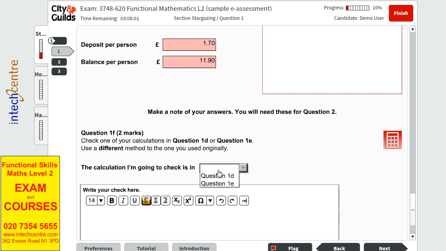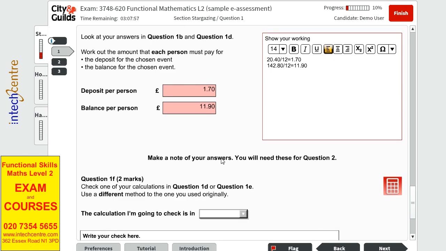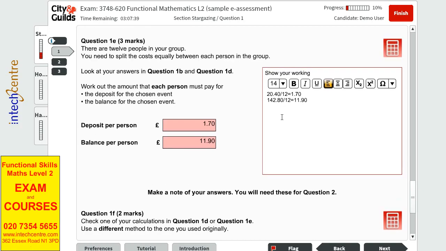The calculation I'm going to check is, let's see, it's good to pick an easy question in the sense that you don't have to do too much work to it. It's good to keep your calculations short. Don't try to lengthen them because it will be harder for you to do. For example, a reverse calculation. So the calculation we are going to check, 1E, we could pick the last one.